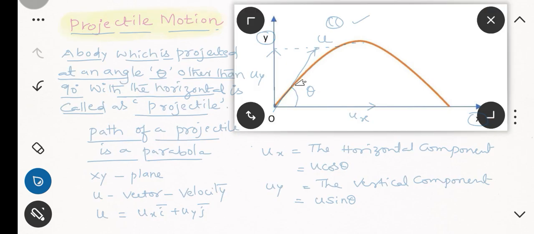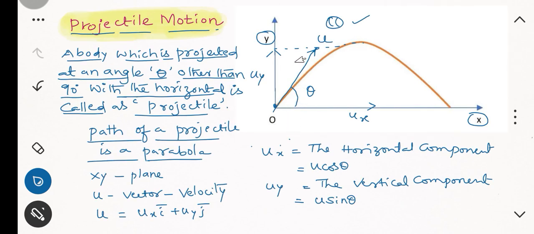At this point, the vertical component uy has decreased in magnitude, whereas the horizontal component ux remains constant. In the same way, at the maximum height, the horizontal component ux remains constant and the vertical component uy becomes 0.